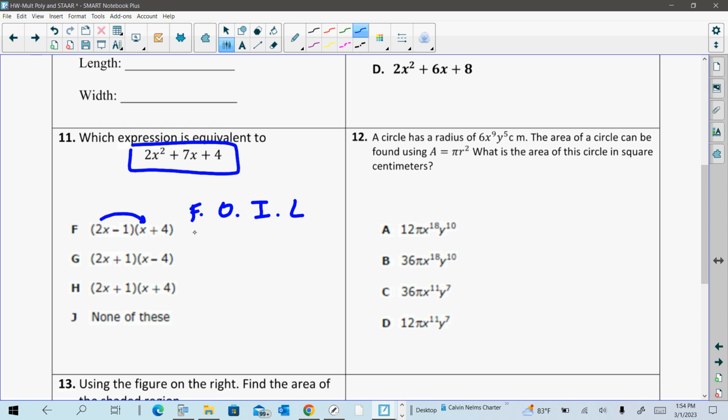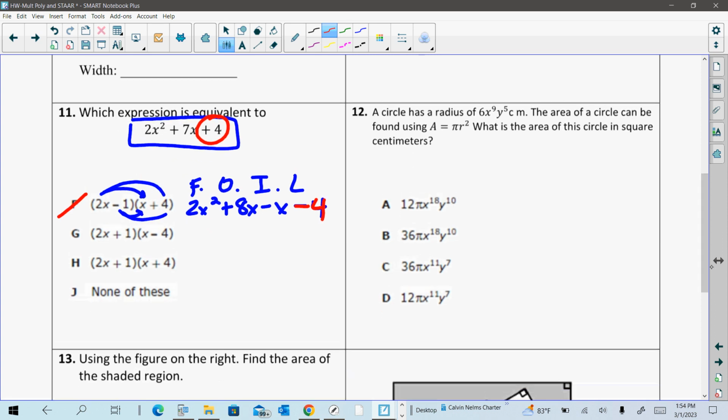So if I do FOIL here, this would be 2x squared, outer, that becomes plus 8x, inner, minus x, and then last is minus 4. But right there, the minute I see this minus 4, it doesn't match. So that's not a possible answer choice. So you have to just check each answer choice to see which one is equivalent.